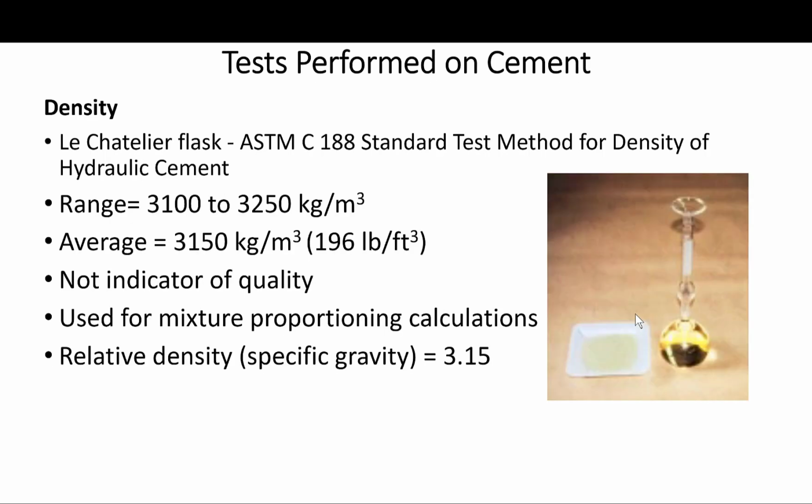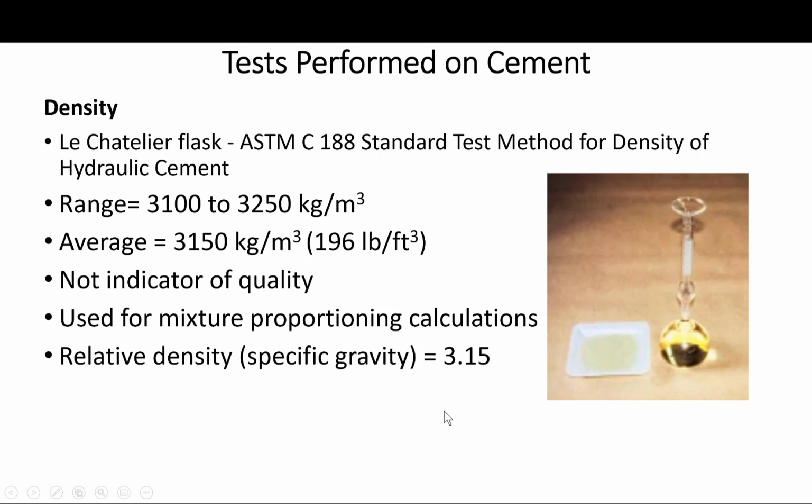Okay, the next test is the density. This one uses the Le Chatelier flask, ASTM C188, the standard test method for density of hydraulic cement. The picture of the test is shown here.